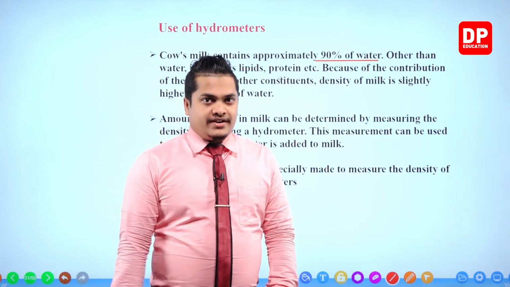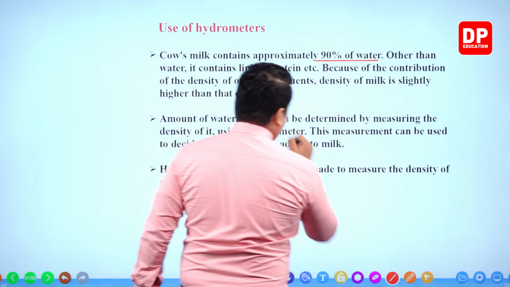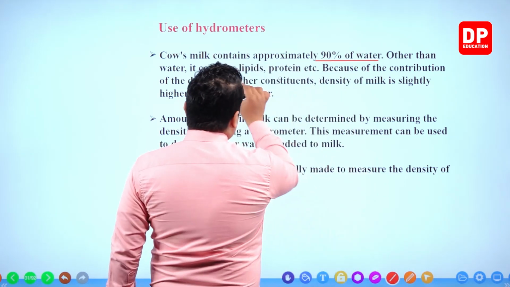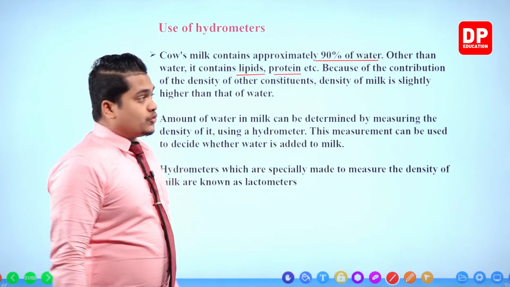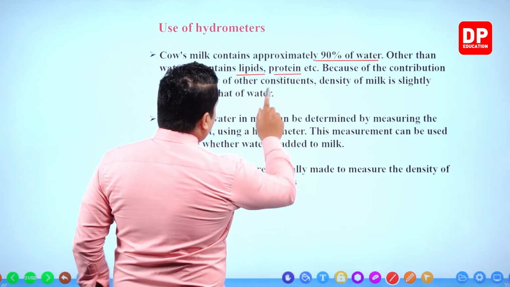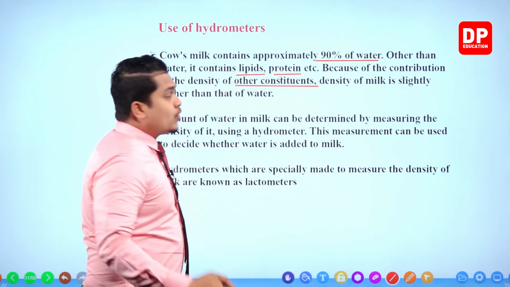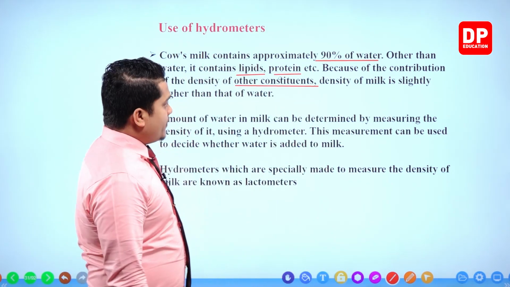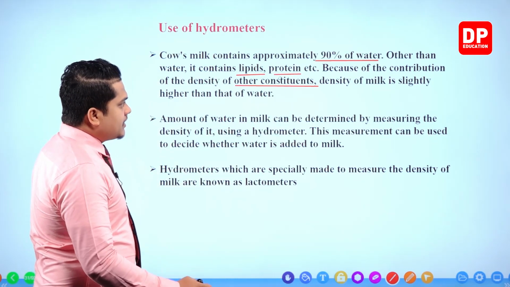So as there are different other constituents like lipids, proteins, and other substances, these are like solid constituents. Therefore, my dear children, the density of milk is somewhat higher than that of water.